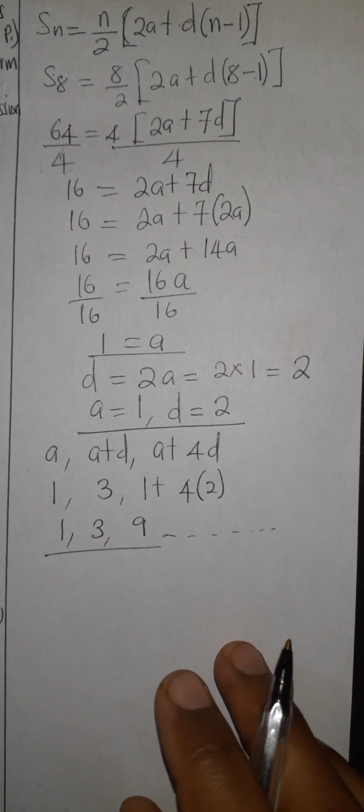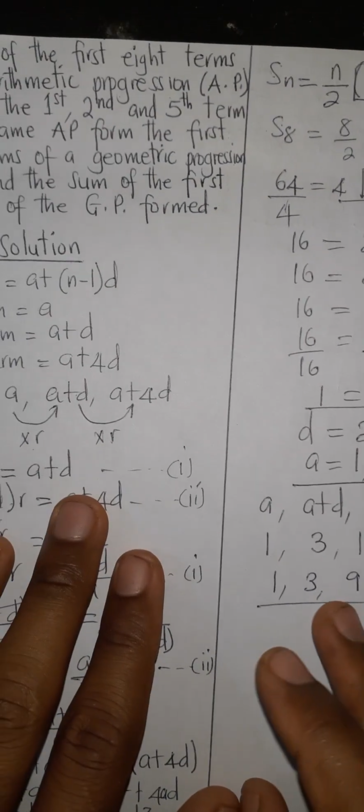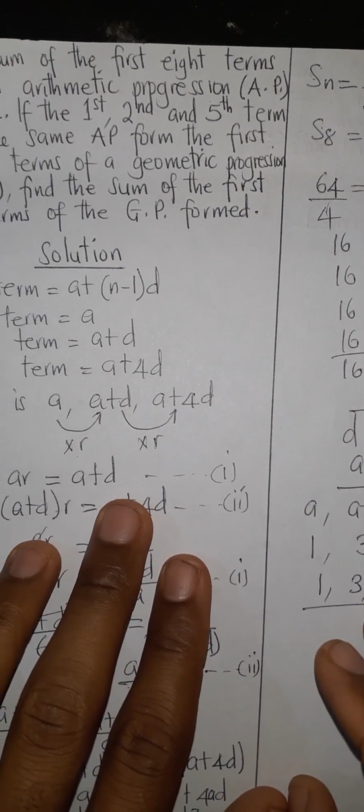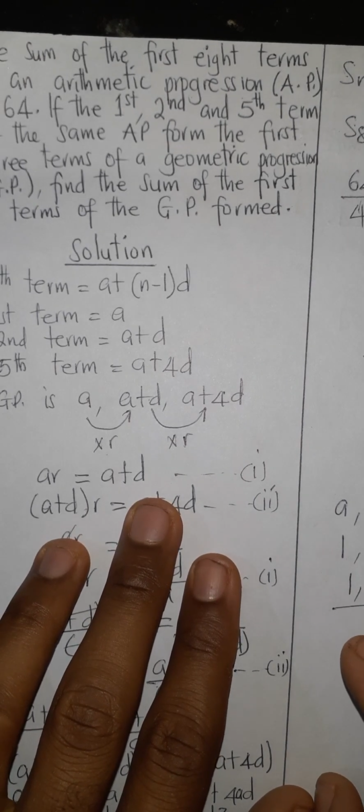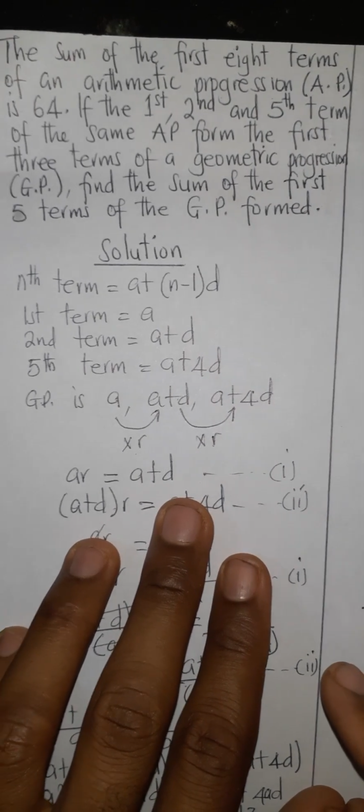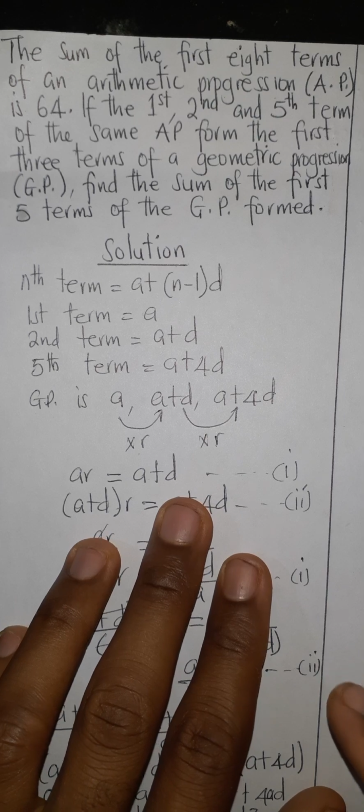So the question specifies that we should find the sum of the first 5 terms formed of the GP.